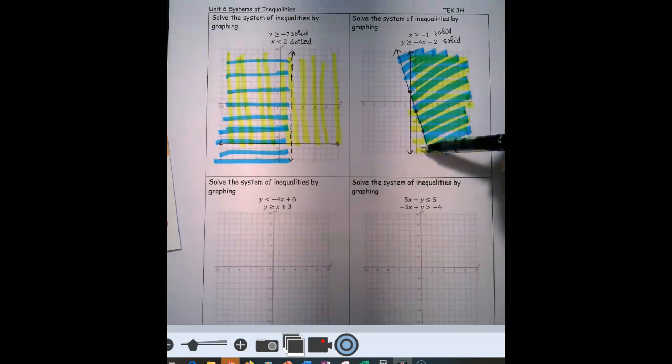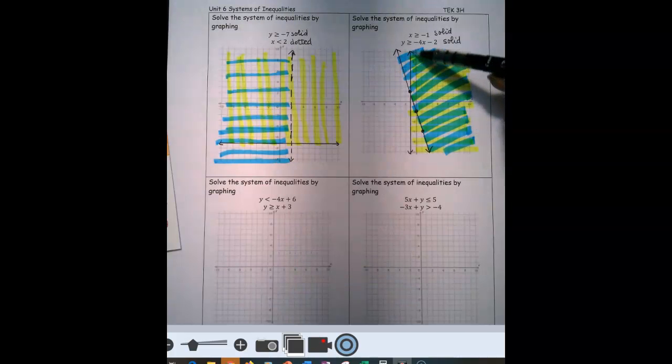But it doesn't make both of the equations true. This only makes one equation true. This blue only makes one equation true. But it's where you see it start to turn green that makes both equations true. Okay?